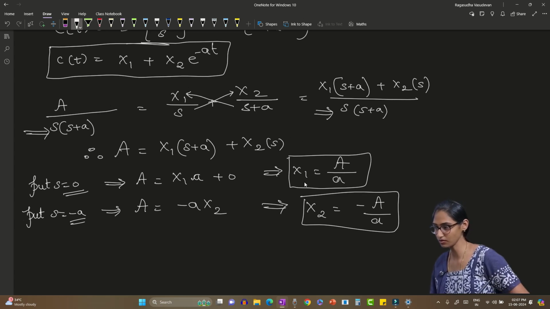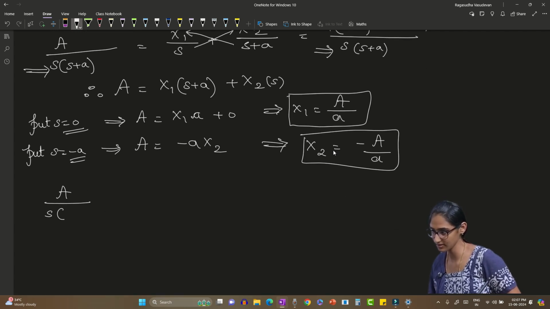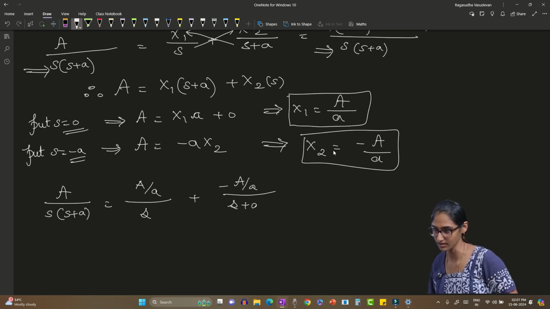So let's substitute, and we are now getting capital A divided by s into s plus a is equal to A by a divided by s plus minus A by a divided by s plus a.